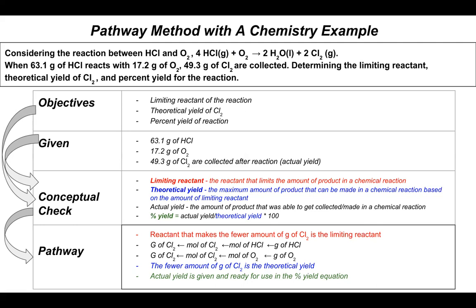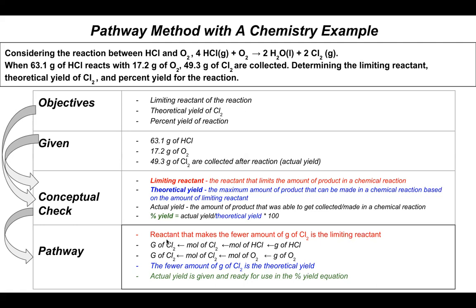And so one of the various pathways you can use is a stoichiometric pathway. One of the variables is the given. So the given, we have grams of HCl and grams of oxygen. We're going to use these quantitative amounts and go to grams of Cl2.